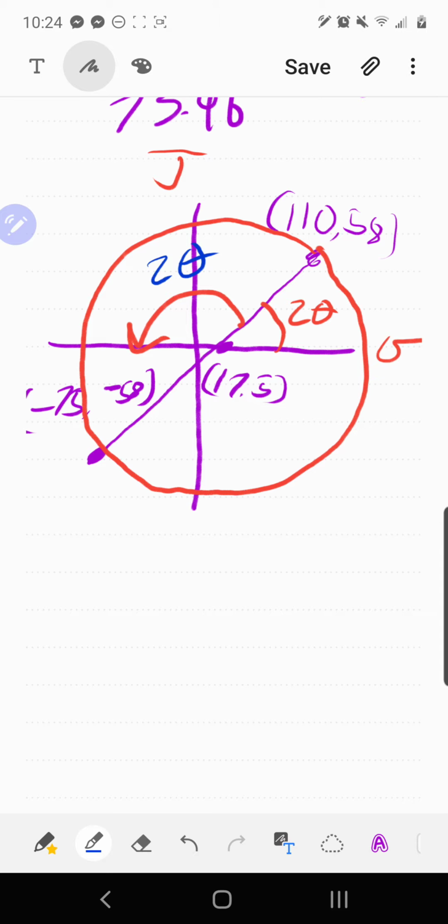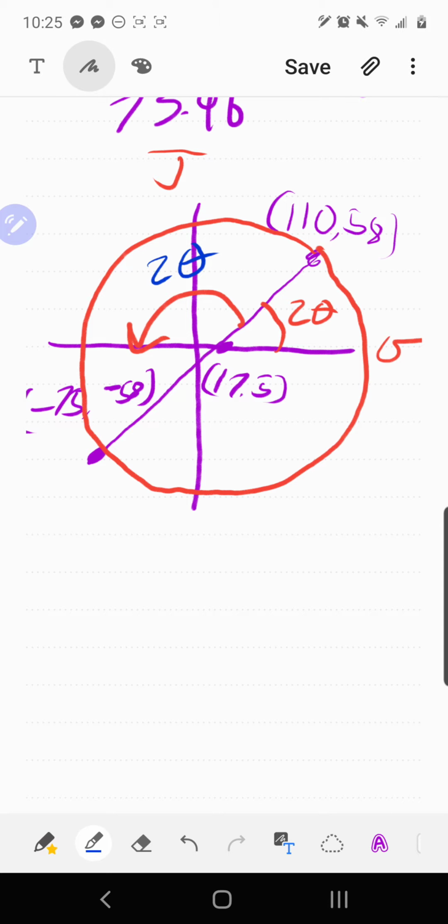This is a bit confusing if you can also see the solutions manual, but it seems like they're taking 2 theta to be 2 separate values, one being 32, one being 148, which is 2 of what we are looking for. Again, using trigonometry, you'll be able to find the 2 theta and then you'll divide it by 2.